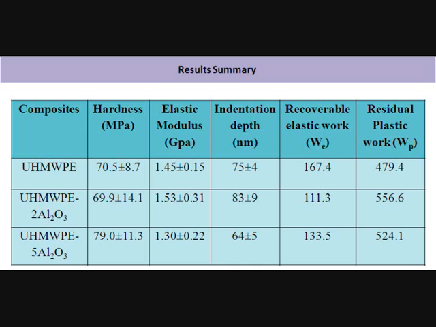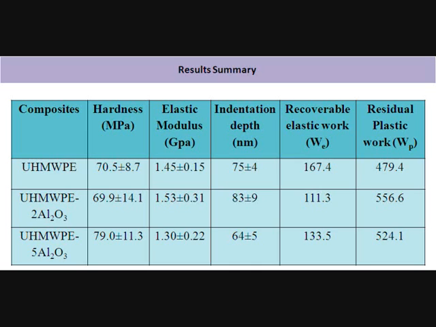On the basis of this nano-indentation curve, a conclusion can be made that 5 weight% alumina increases the hardness of the material up to 79 MPa, and the minimum indentation depth is also around 64 nanometer.